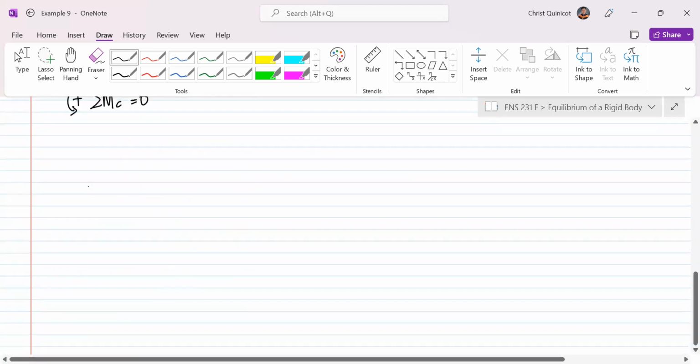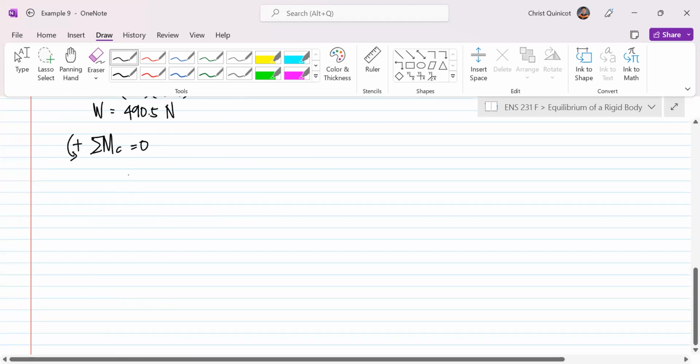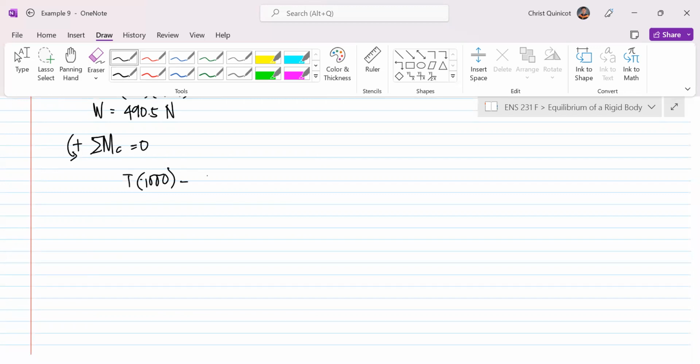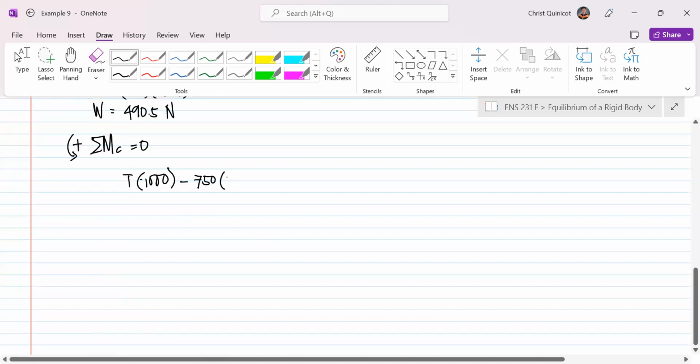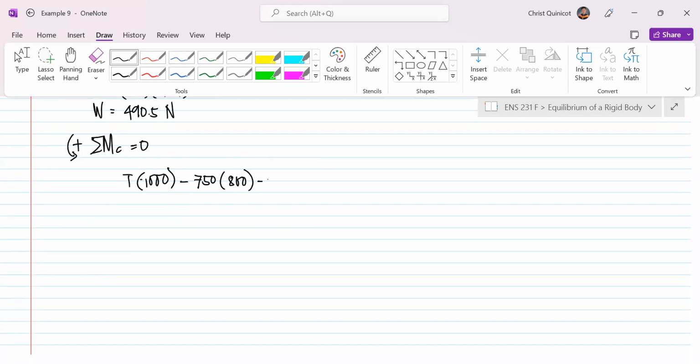So that is T times 1,000 minus our 750 times the perpendicular distance, which is 800, minus our weight, 490.5 times still 800, is equal to 0.